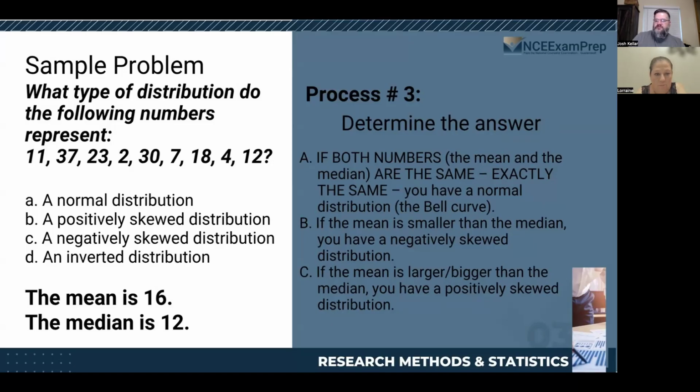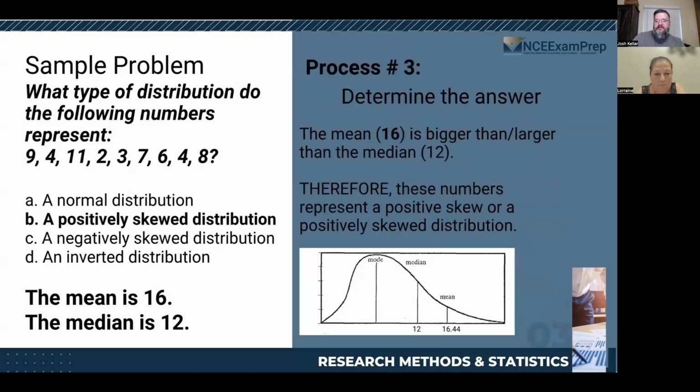If the mean is larger than the median, then we have a positively skewed distribution. Okay, so the mean, 16, is higher than the median of 12. Therefore, these numbers represent a positive skew or a positively skewed distribution. You see how we arrived at that? Yeah.